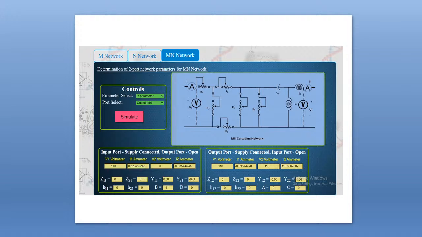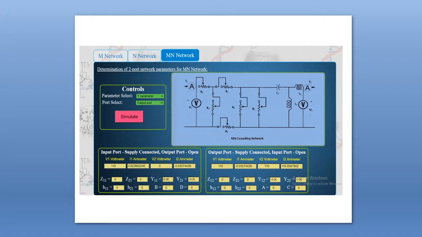Everyone first calculate the values of y parameter, and you write in your chat box after getting the result. You just inform me about your result.